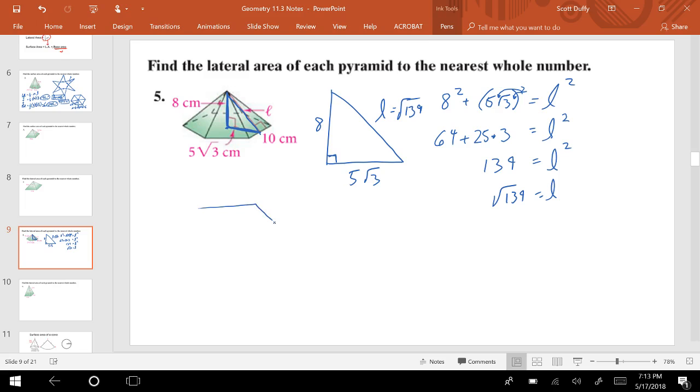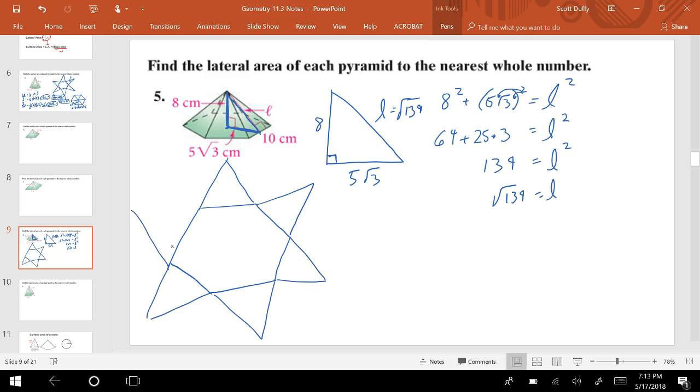Draw out the net so we can see what this looks like. And what we just found was that slant height was the square root of 139.